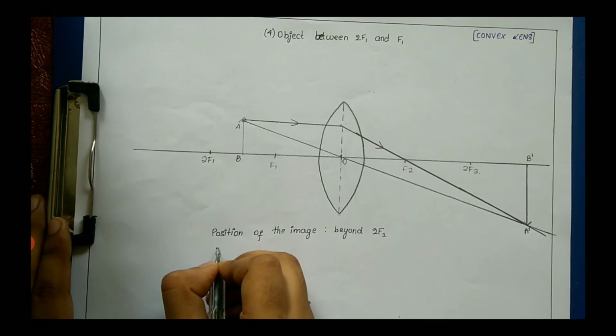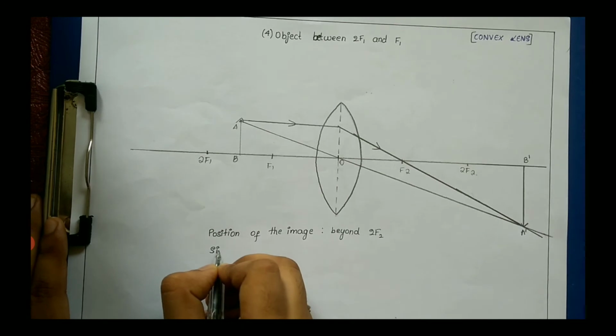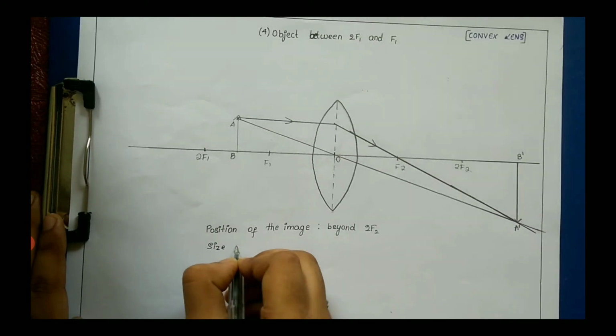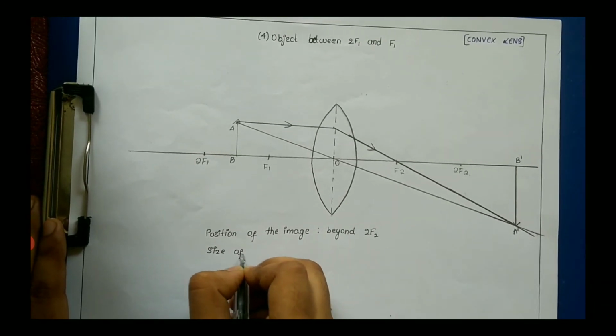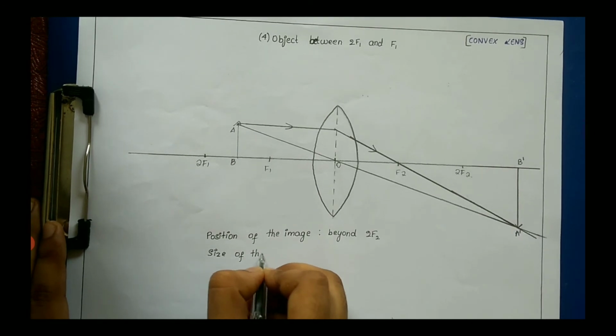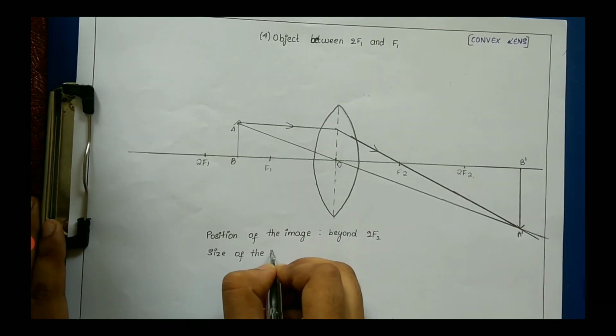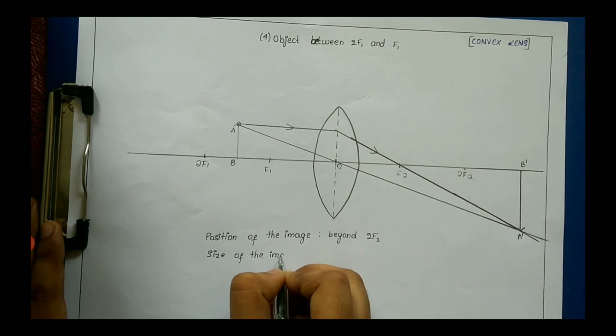And the size of the image. Here the size of the image is greater than the size of the object. It is an enlarged image. Right?